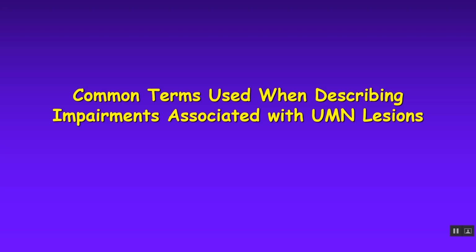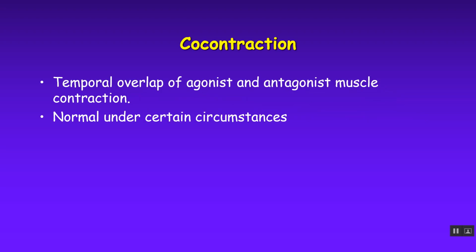Common terms used when describing impairments associated with upper motor neuron lesions. Co-contraction, which I just mentioned, is this temporal overlap of agonist and antagonist, which can be normal under certain circumstances. When you're doing weight-bearing or closed chain activities, or if I'm trying to stabilize, sitting here on my arms and elbows, I've got some contraction of biceps and triceps to stabilize my elbow joints or the shoulder girdle.